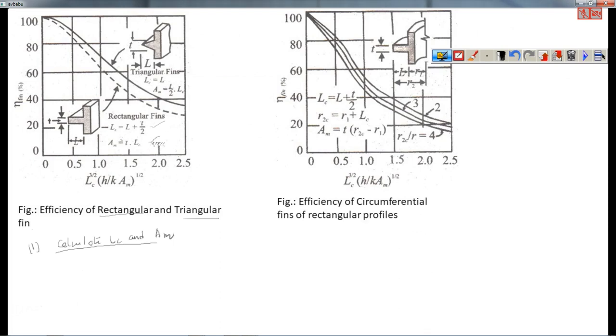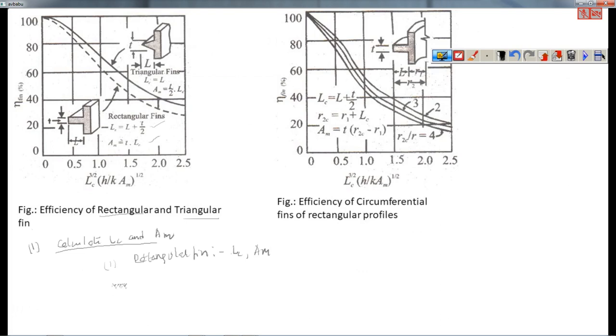And in the case of a triangular fin, calculate Lc and Am, which are given in the figure.